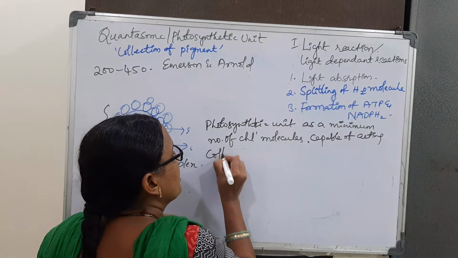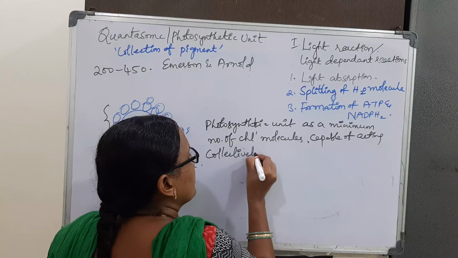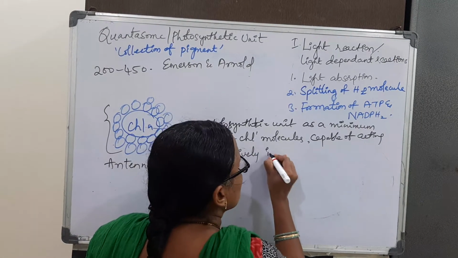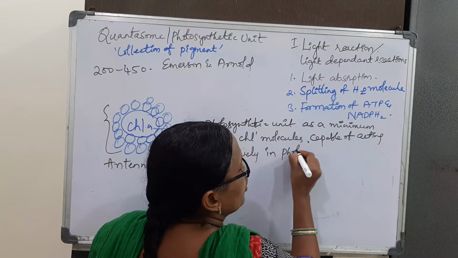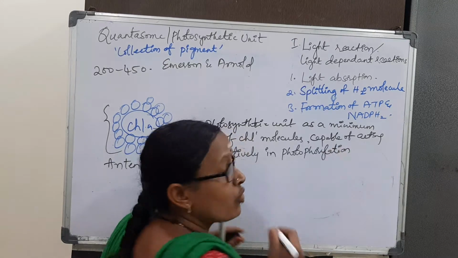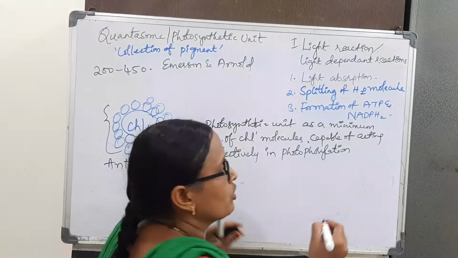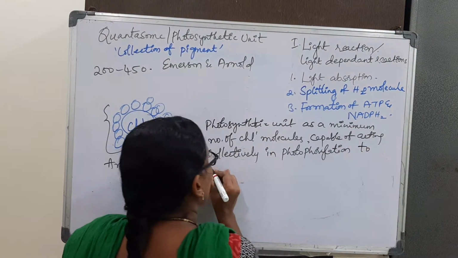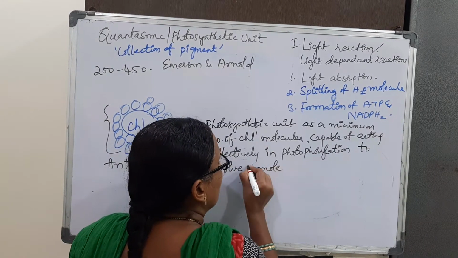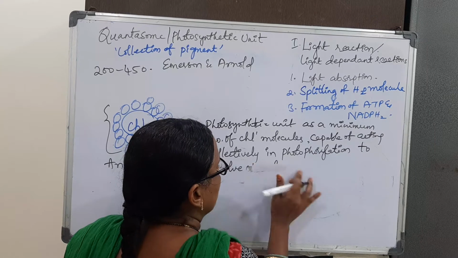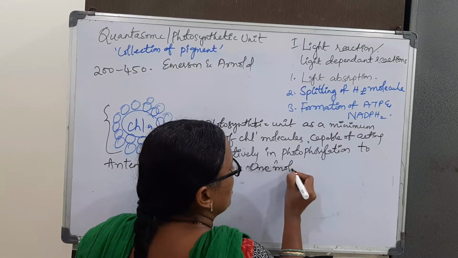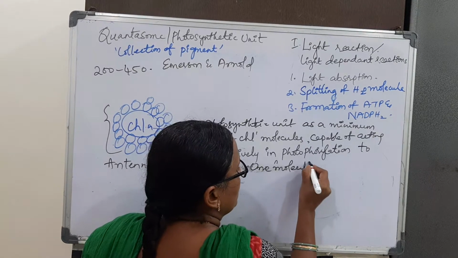How do they act? Collectively they gather. Capable of acting collectively in photophosphorylation to form how many molecules? One molecule. To release or evolve one molecule of oxygen.